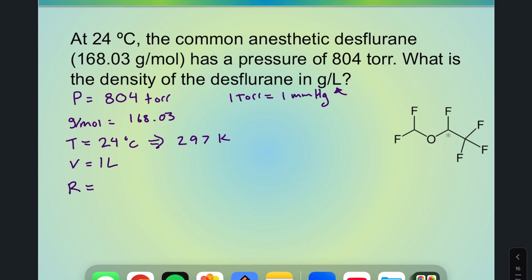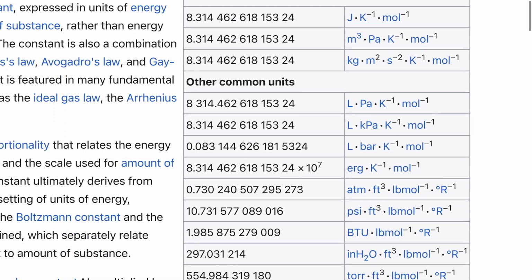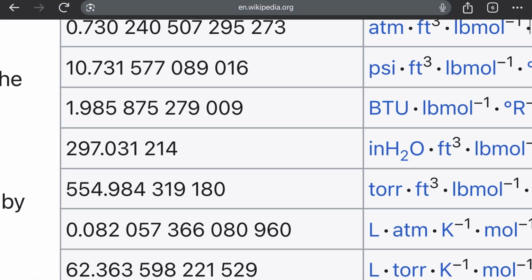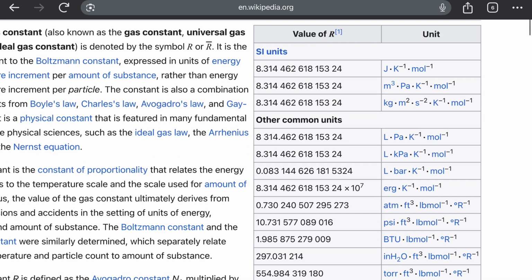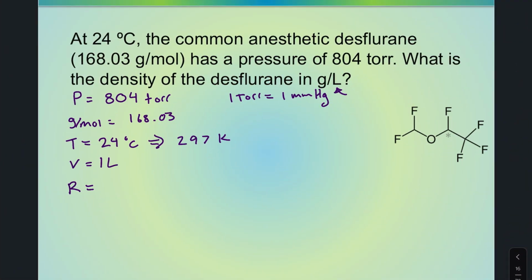So what we could do is go to this long list and spend time looking for the millimeters of mercury one, which is right here. The torr one is 554.984.